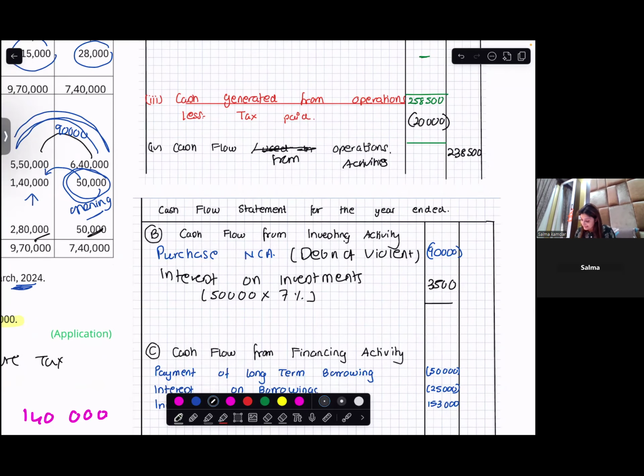My investing activities, cash flow from the investing activities is 90 minus 3.5. It's a negative amount. It is cash used in investing activities, 86,500. I will write cash used in investing activity.